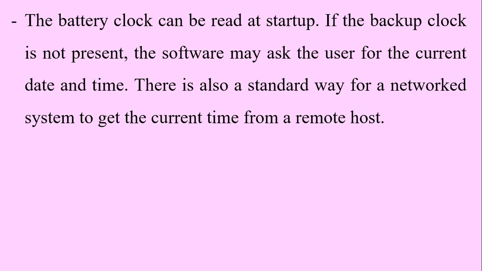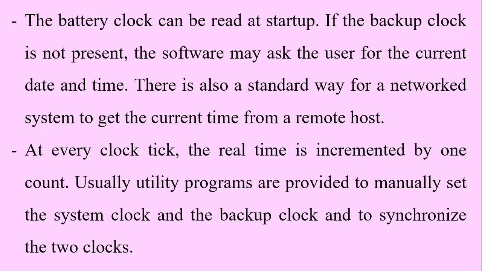There is also a standard way for a networked system to get the current time from a remote host. At every clock tick, the real time is incremented by 1 count. Usually, utility programs are provided to manually set the system clock and the backup clock and to synchronize the 2 clocks.